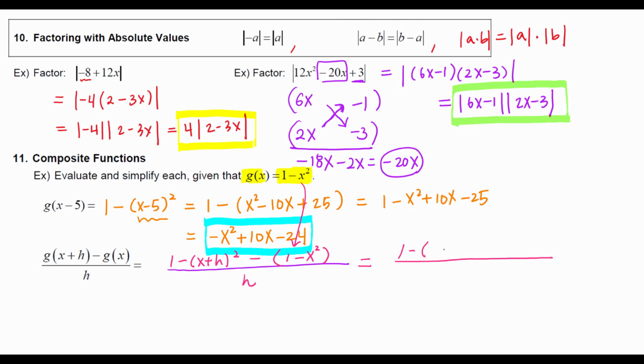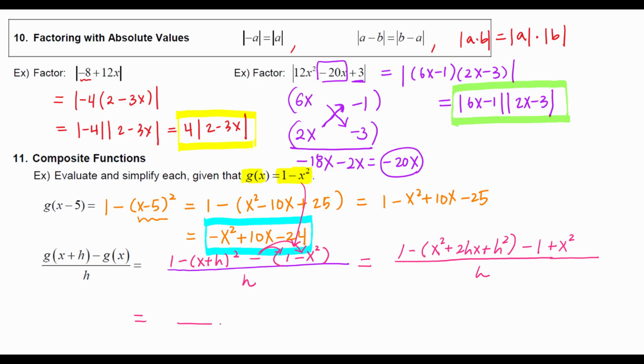It's going to become a perfect square trinomial: x squared plus 2hx plus h squared. You can distribute the negative for this, and I will get negative 1 plus x squared over h.